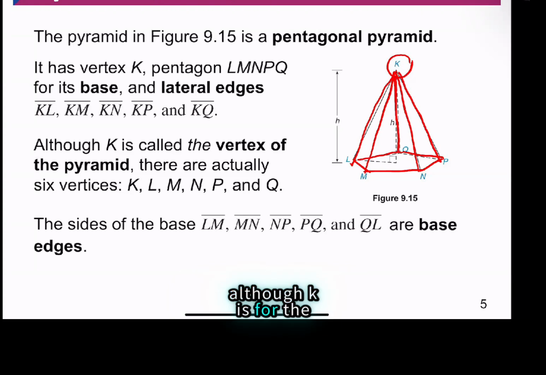Although K is called the vertex of the pyramid, there are actually six vertices: K, L, M, N, P, and Q.